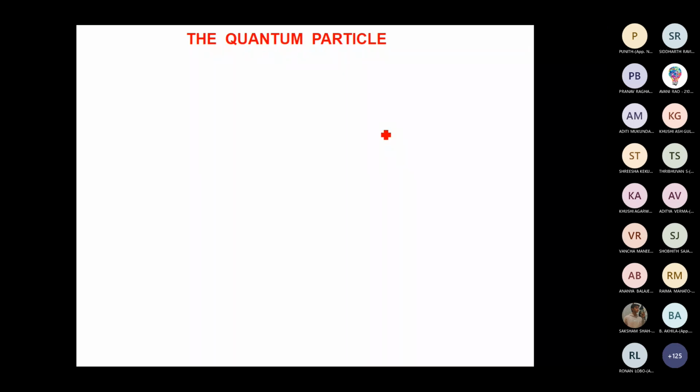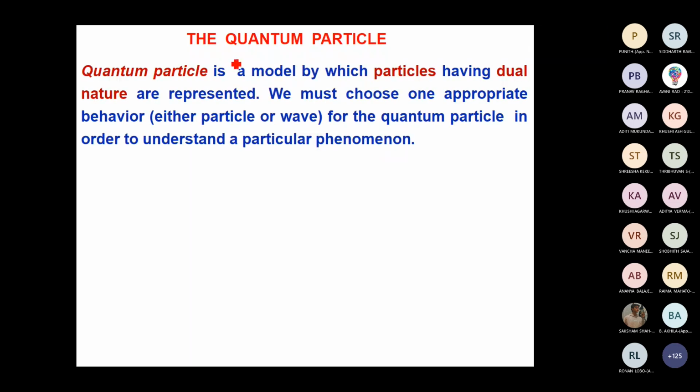So we'll see the quantum particle. The quantum particle is a mathematical model in which particles having dual nature, that is exhibiting the particle nature as well as the wave nature, are represented. One has to be careful to choose the appropriate behavior of the quantum particle in order to understand a particular phenomenon.